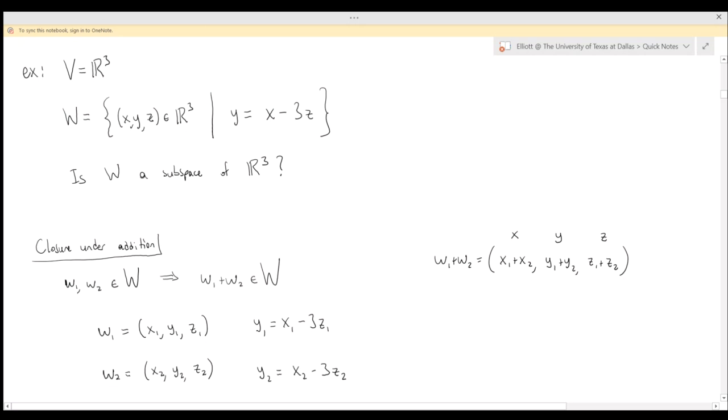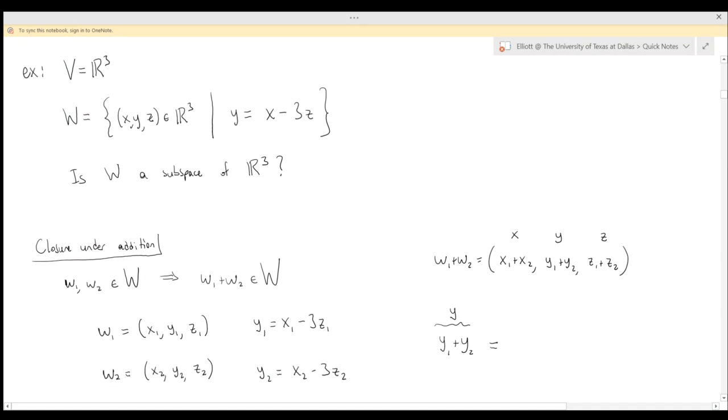So I'm going to take the y-coordinate, y1 plus y2, and I want to see if it will be equal to x minus 3 times z.